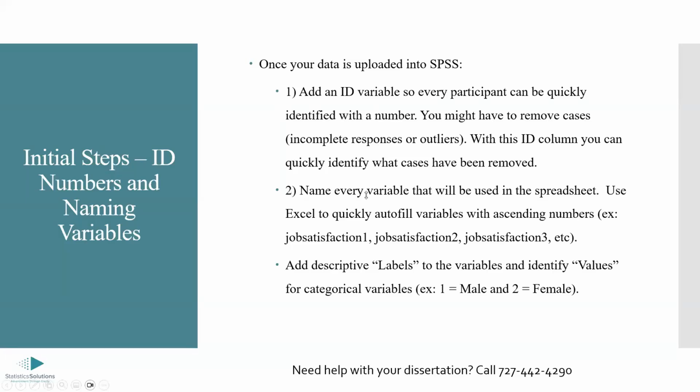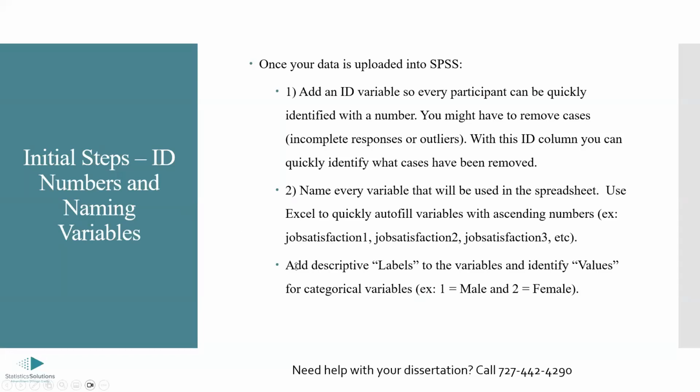The second thing is naming every variable in your spreadsheet. You want to use short descriptive phrases that identify the variable names. For instance, if you're using a job satisfaction survey, just put the variable name and number each item like this. You can't have spaces in SPSS. You have to have it all as one phrase.